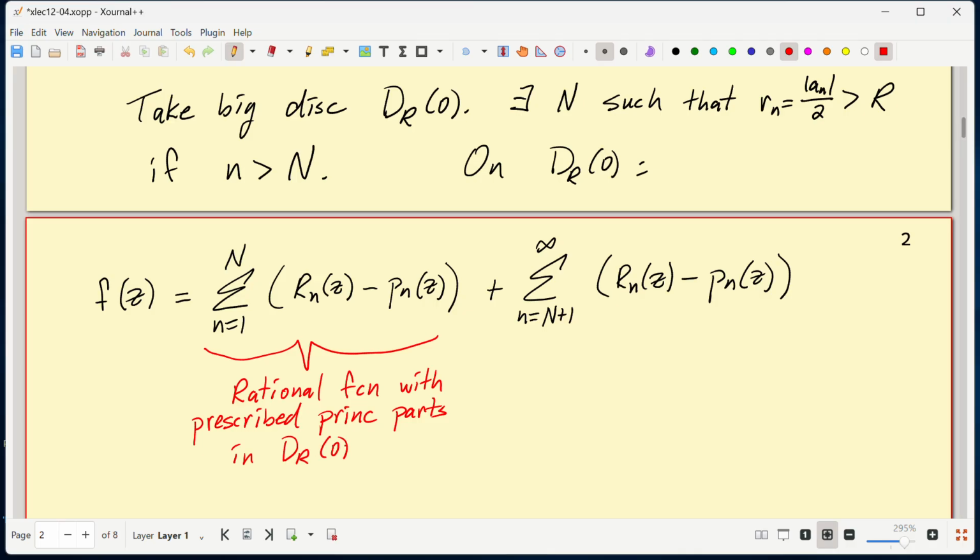And it's a finite sum, so it is a genuine rational function.